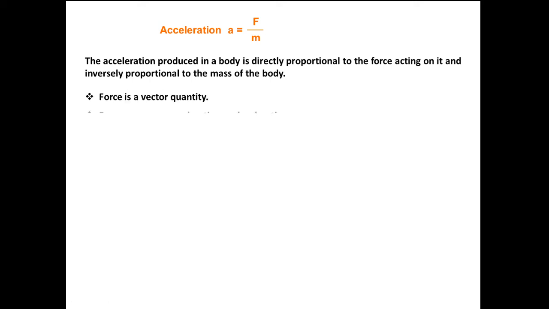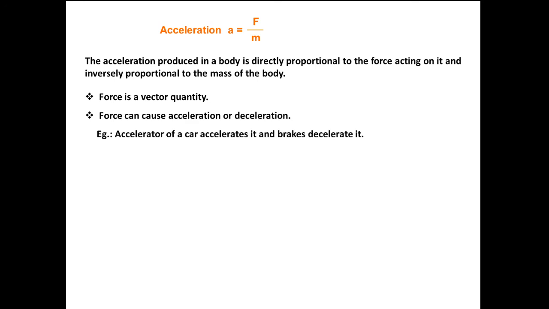Now about force: it is a vector quantity. The effect of force is that it can cause acceleration or deceleration, that is, retardation. The accelerator of a car accelerates it and its brake decelerates it. Its SI unit is the Newton.